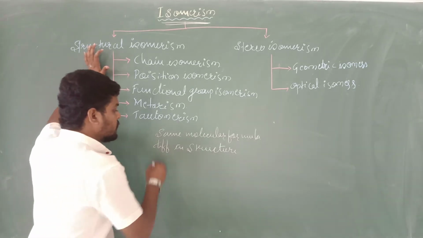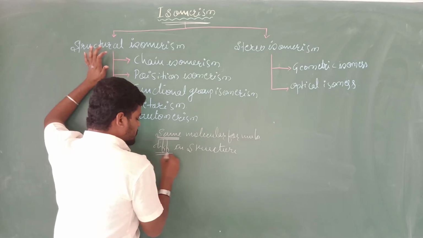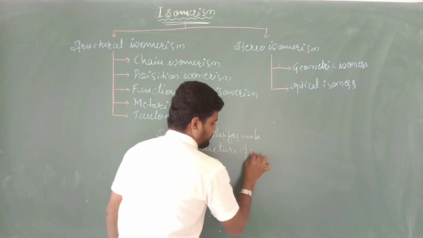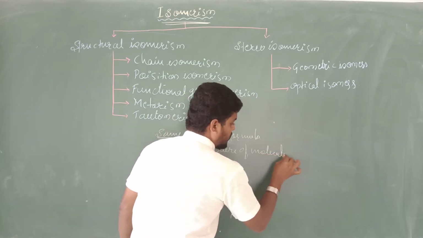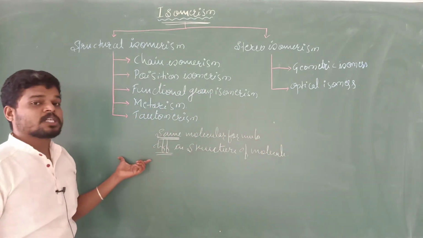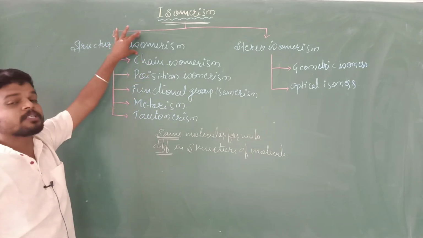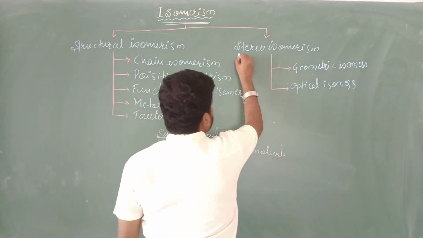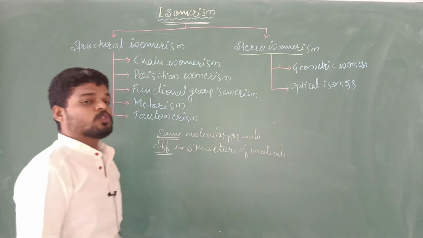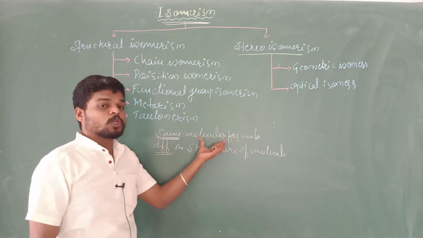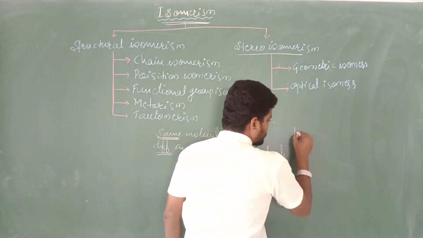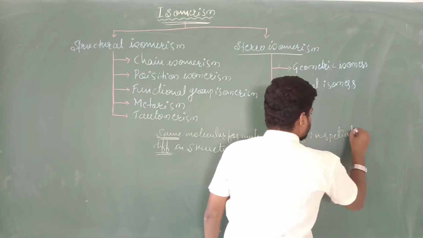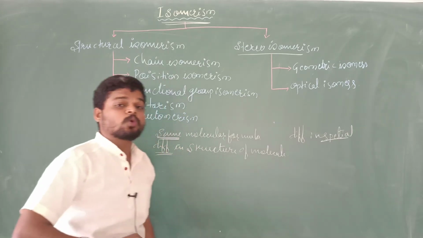That is called structural isomers, and the phenomenon is called structural isomerism. And coming to stereoisomers, the stereoisomers are isomers which have the same molecular formula, but differ in spatial arrangement of atoms around the central atom.